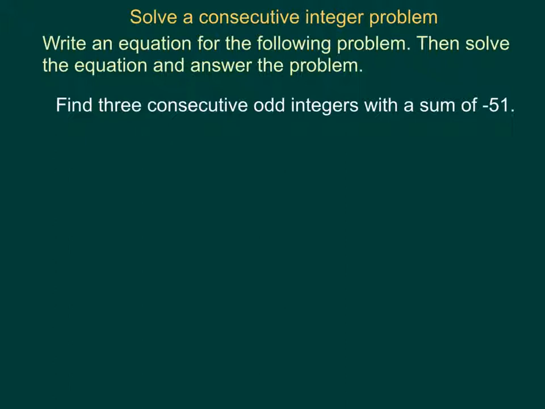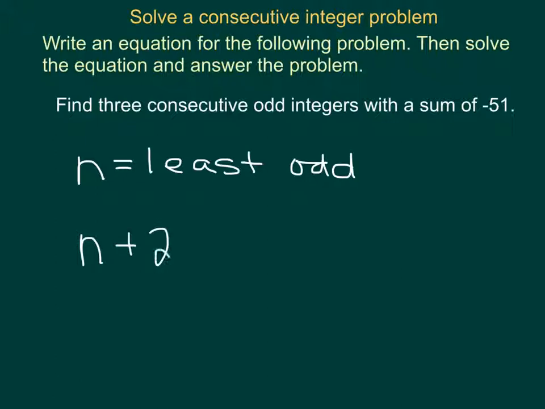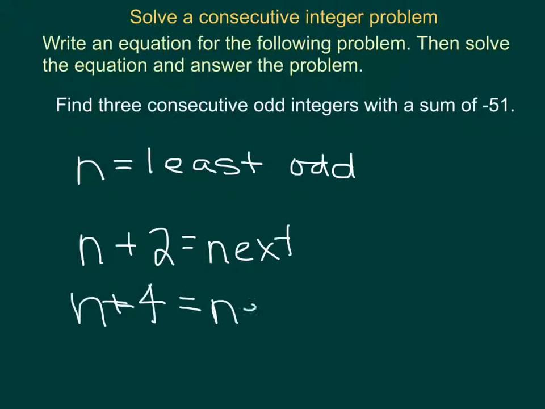So we're going to let n represent the least odd integer, and then from there we're just going to have n plus 2 be the next integer and n plus 4 be the next integer, because if you have one integer, there's 2 between that and the next number. So for example, if we had 1 as an odd number, there's 2 places between 1 and 3. But then there's 4 places between 1 and 5, and so on and so forth.